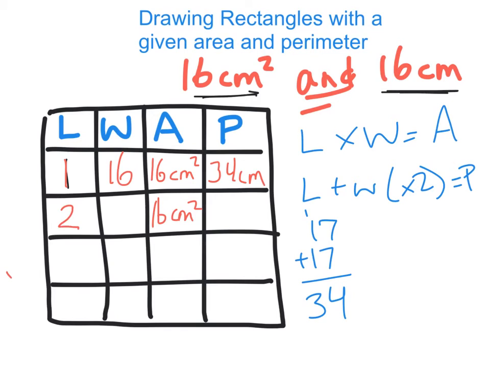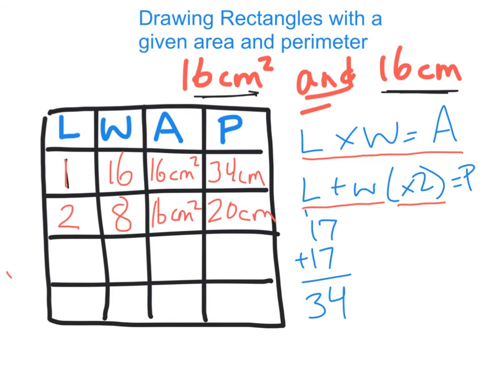Well, after 1, I could try 2. 2 times what gives me 16? 2 times 8. All right, that gives me an area of 16 because 2 times 8 equals 16. Now to find the perimeter, I go 2 plus 8 is 10, and I multiply that by 2. 10 times 2 is 20. So I have a perimeter of 20.